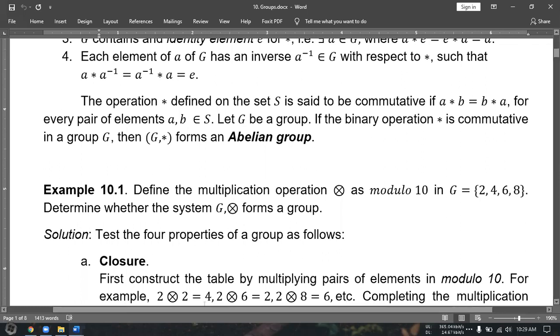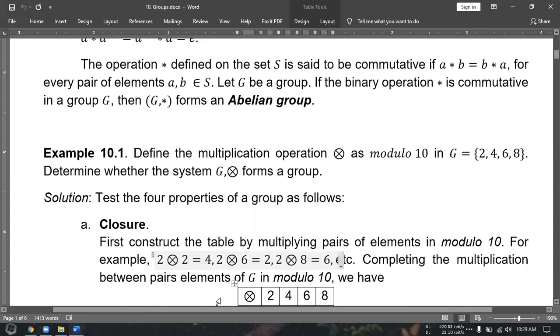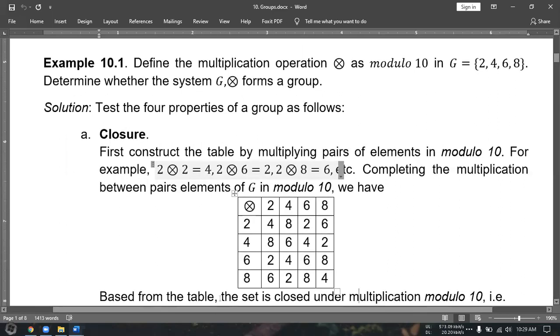So 2 times 2 is 4. 2 times 6 is 12. So 10, remainder 2. So this would be 2. 2 times 8 is 6 and so on. Now completing the multiplication table will have your table of multiplications under modulo 10. This. Okay.